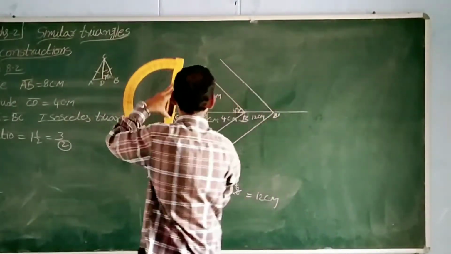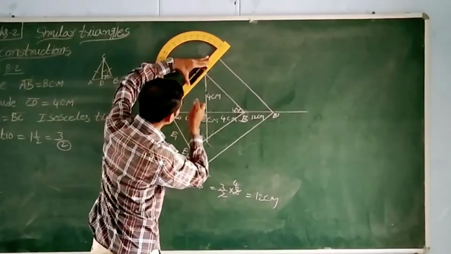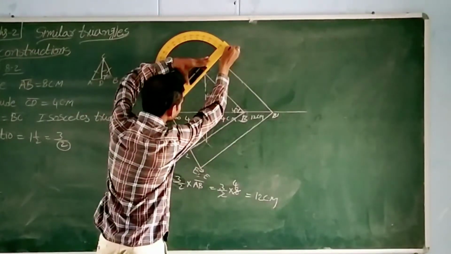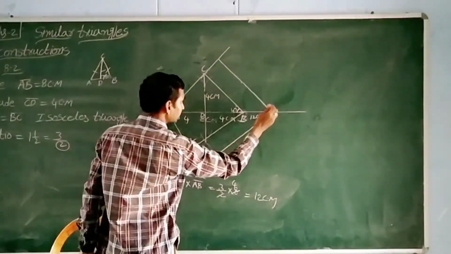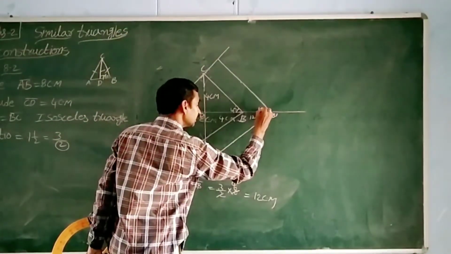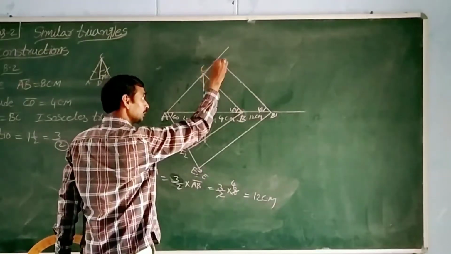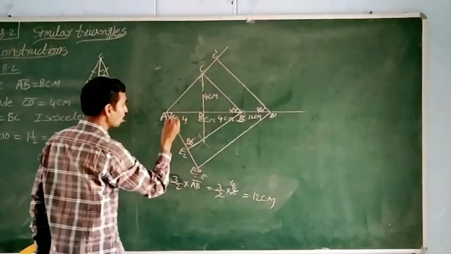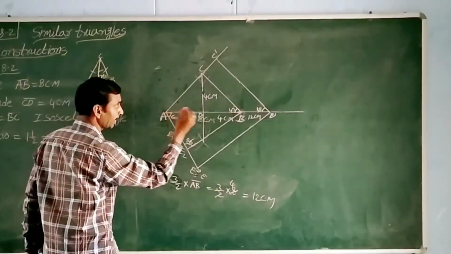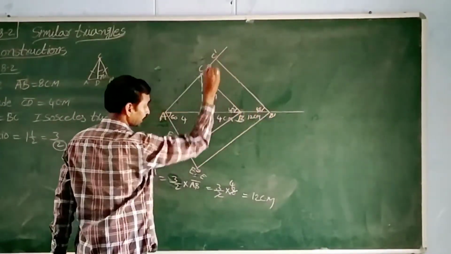After that, extend AC. This B dash angle line intersects the extended AC at C dash. Now the required triangle is A, B dash, C dash.